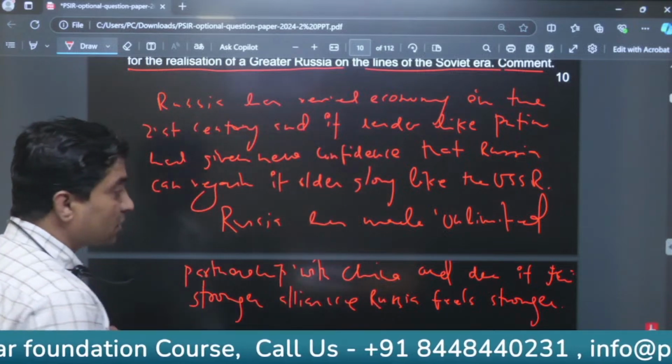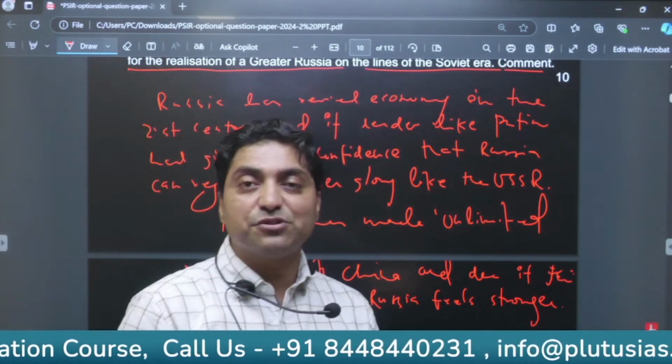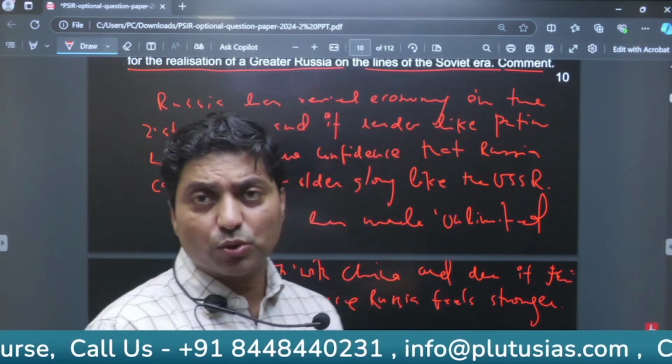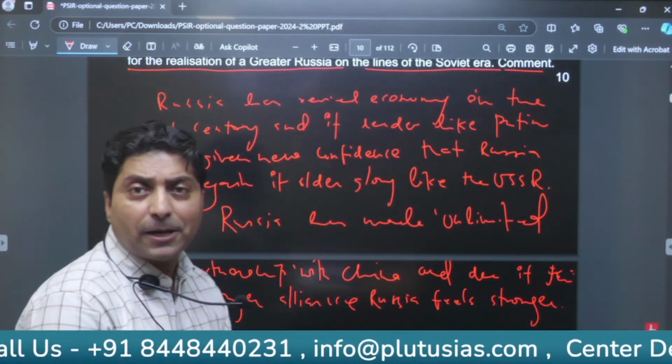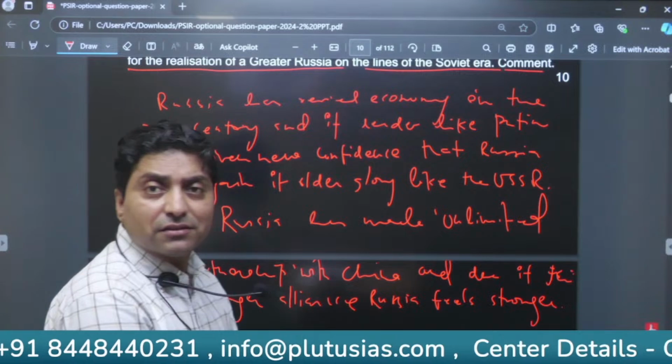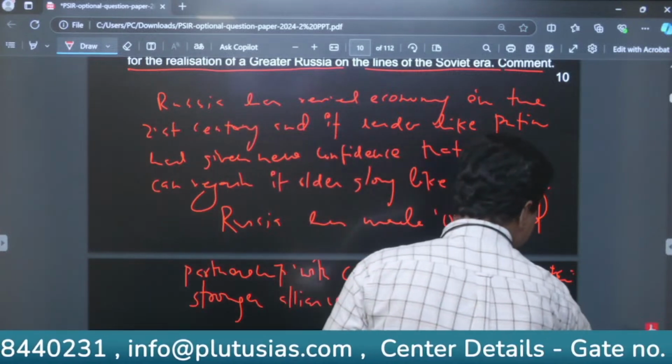Further, Russia has made several defense treaties with Belarus, with North Korea, and with Iran for defense and security.